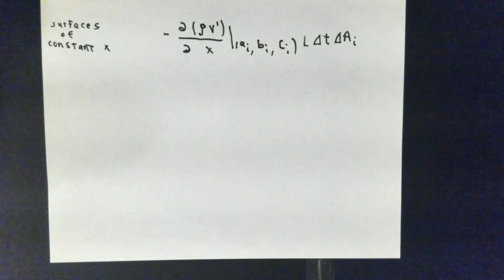This is the contribution to the change in mass across surfaces of constant x. However, there are also surfaces of constant y and of constant z. Exactly similar arguments show that they will produce similar contributions.